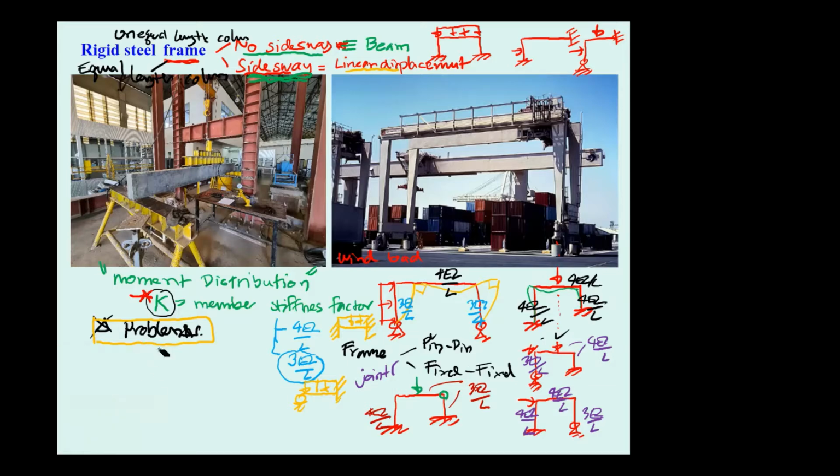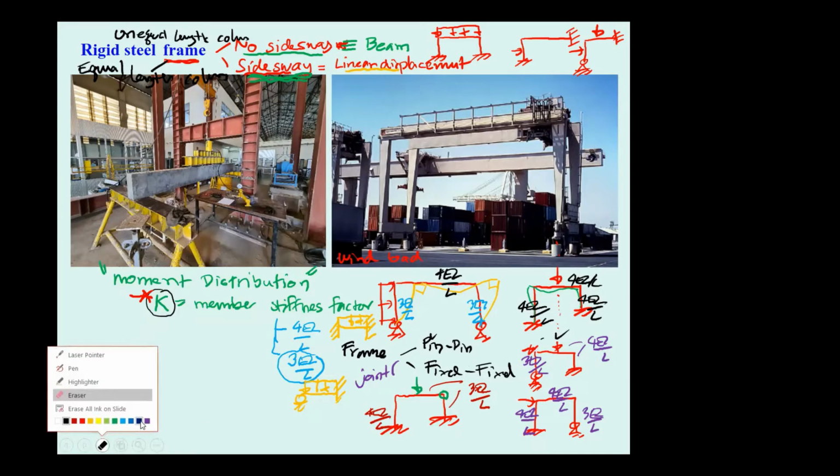Let me illustrate some of this. Since we didn't consider the linear displacement in this kind of frame with sidesway, what are we supposed to do? Professor Hardy Cross said we're going to use the principle of superposition.